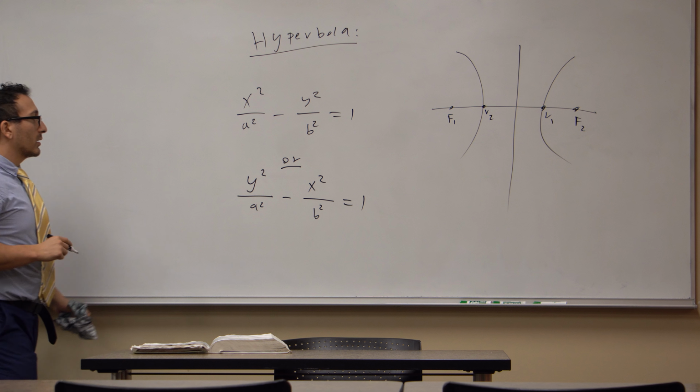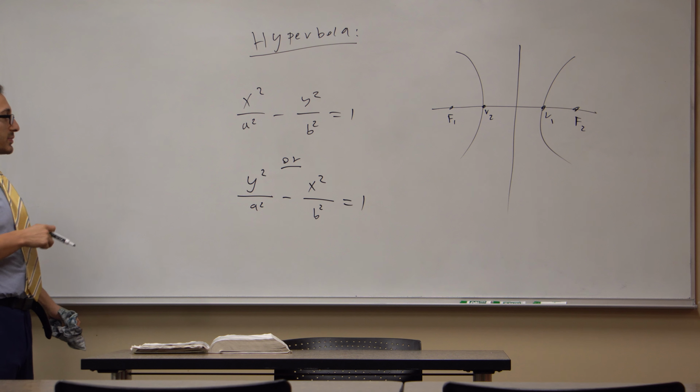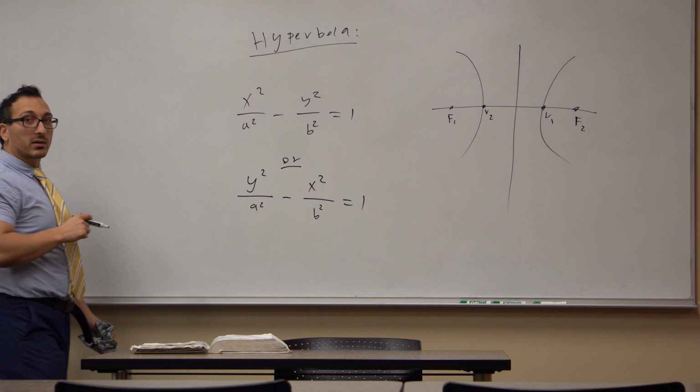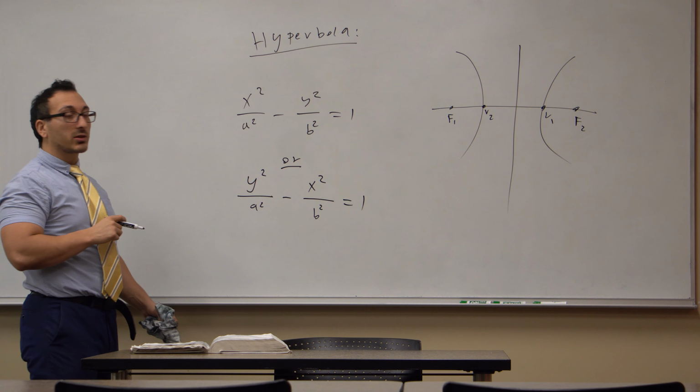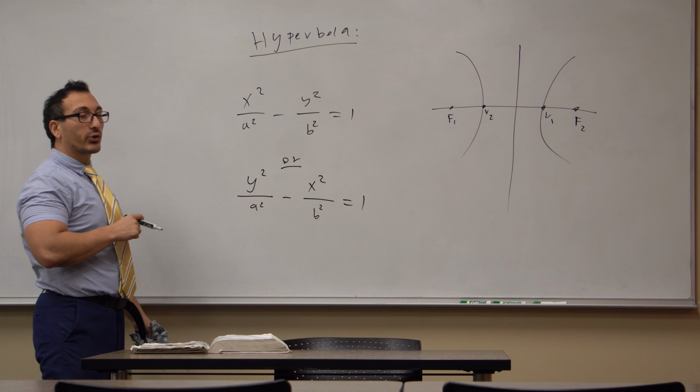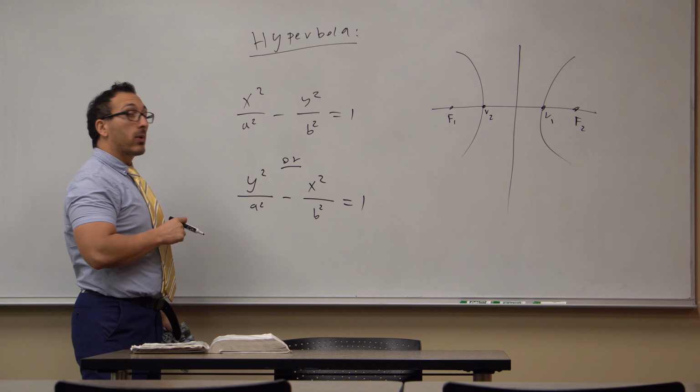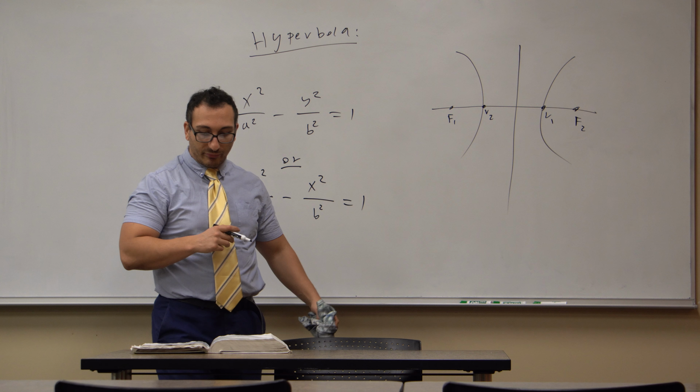So notice, unlike the ellipse, the a has to go where the positive term is. So that's one thing that's different about hyperbolas from the ellipse. The ellipse would have the a squared under the major axis, but here the a is under the positive term.